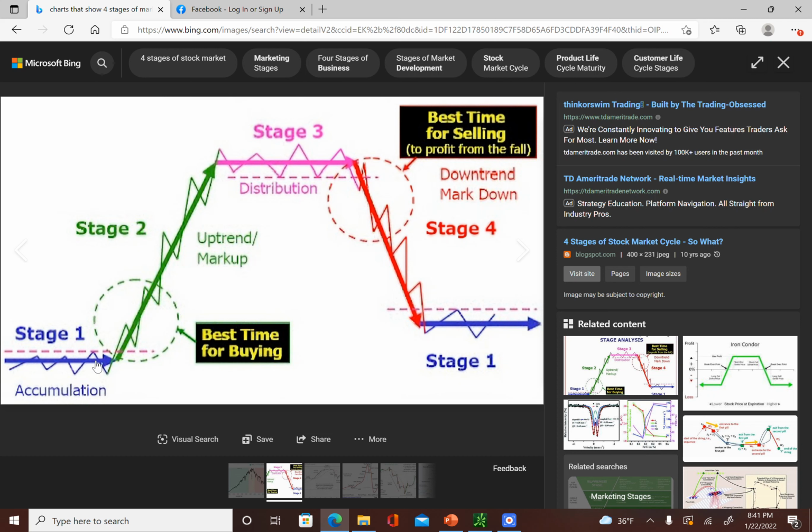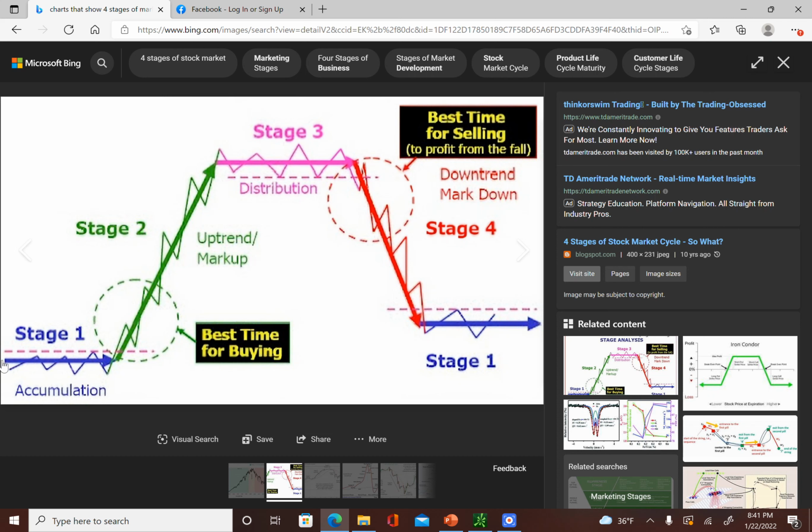This could be weeks, months, or even a year, waiting for the uptrend to start. When you're trading, not investing, you want confirmation you're actually in an uptrend. It doesn't matter if I buy here or here or here, I'm going to make a significant return if I'm truly in an uptrend.